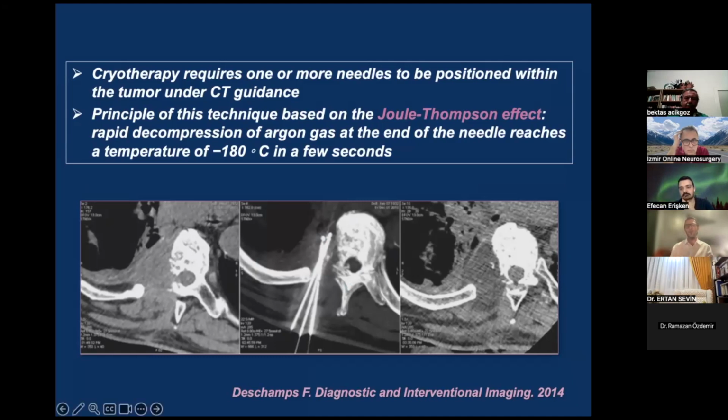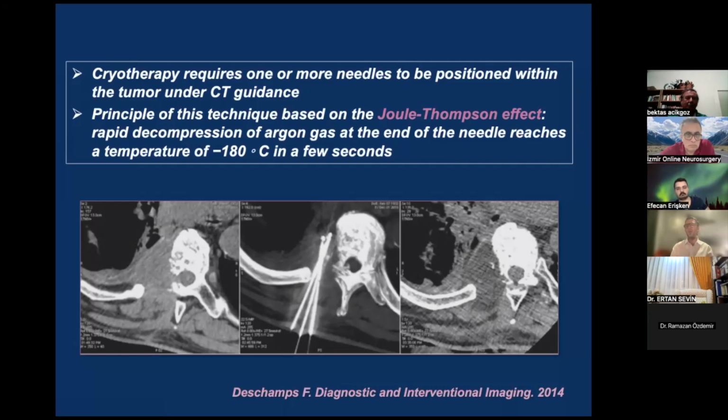So here you have an example from an article from our colleague from Gustave Roussy Hospital, Frédéric Deschamps, published in 2014. You see this lesion, which, as I told you, is a good indication because you have an extension to the paravertebral soft tissue. So here you have positioning under CT guidance of different probes, and you can see, which is very convenient, the ice ball under CT, which is generated by the cryoablation.